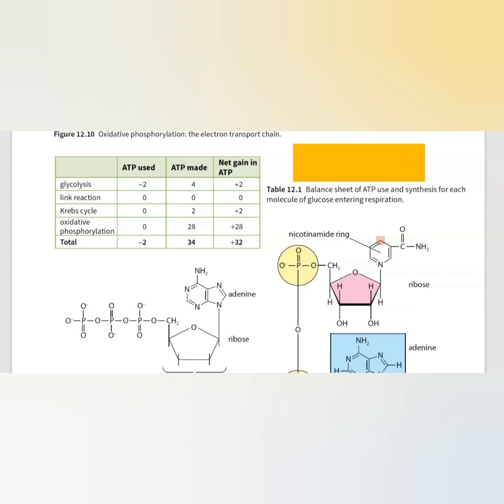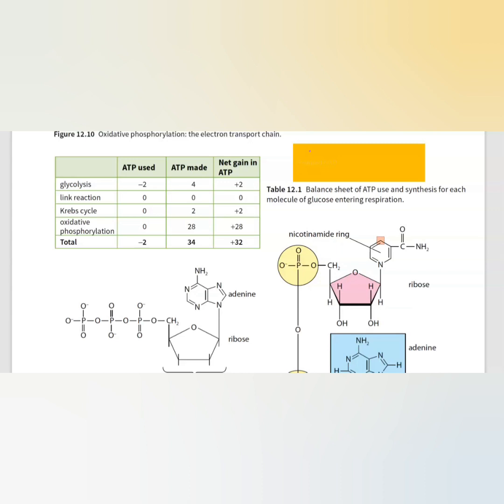If one reduced NAD can produce 3 ATP molecules, then we have a total of 10 reduced NAD up till now from glycolysis, from the link reaction, and from the Krebs cycle.